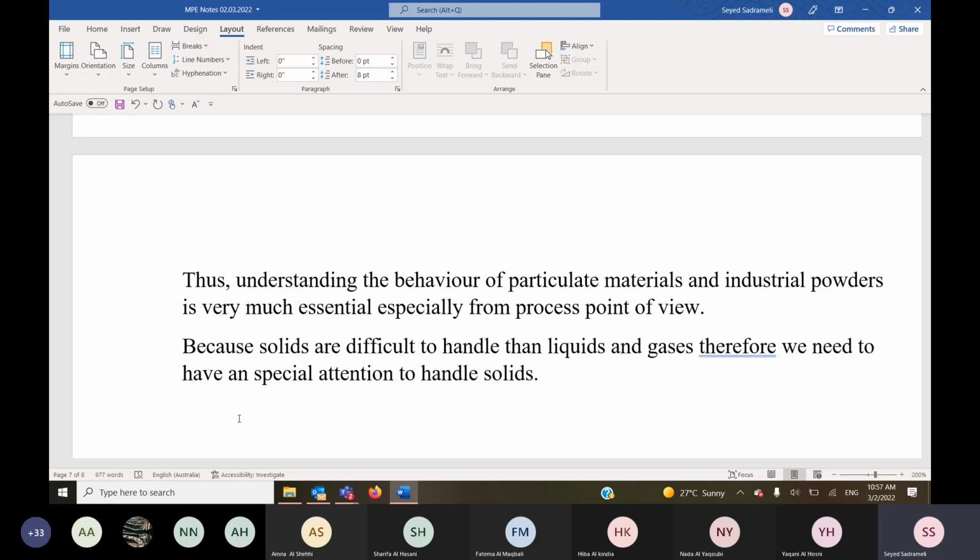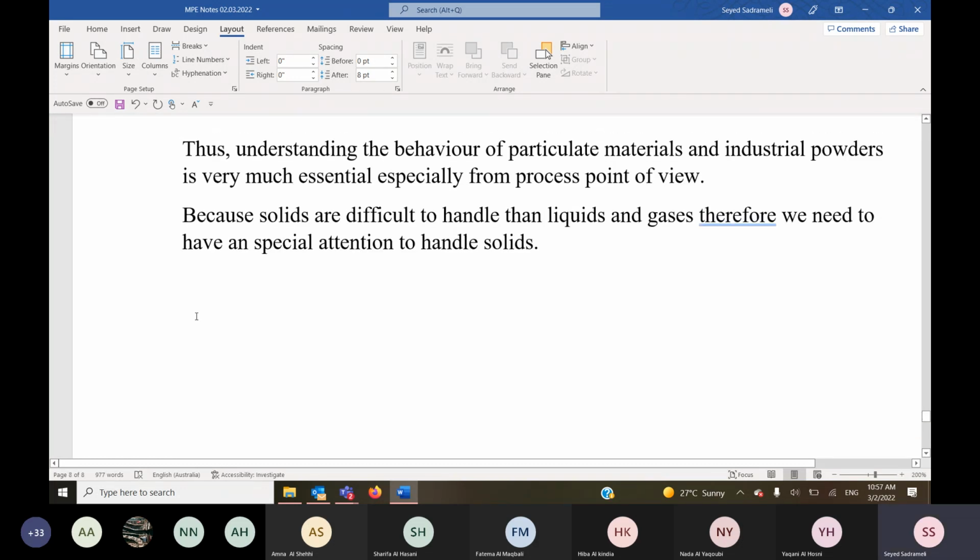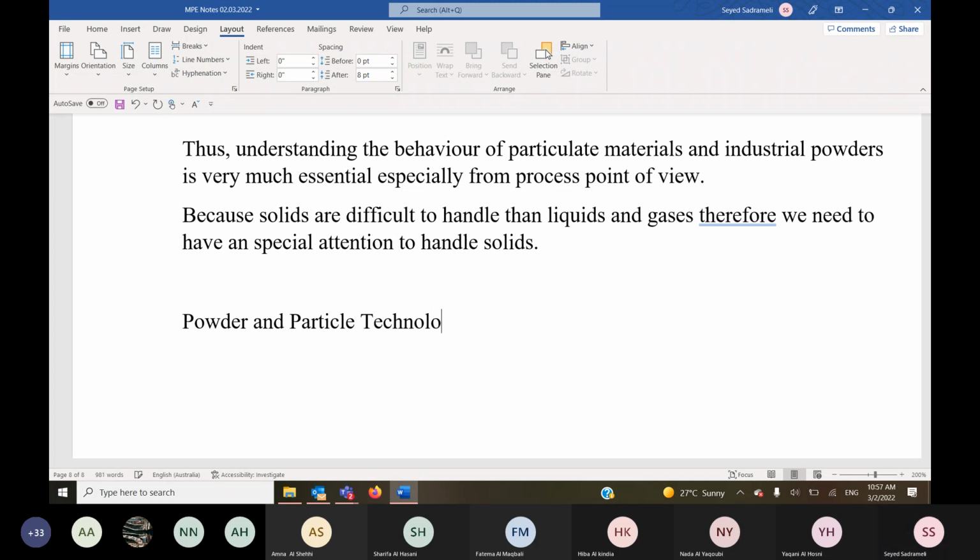So now we look at powder and particle technology. Research on bulk and solid-state matter was neglected until the mid-20th century.